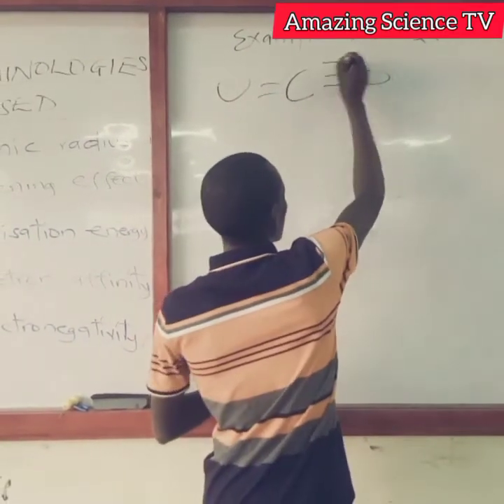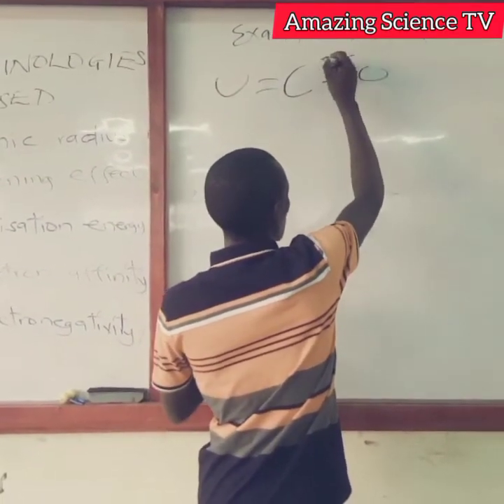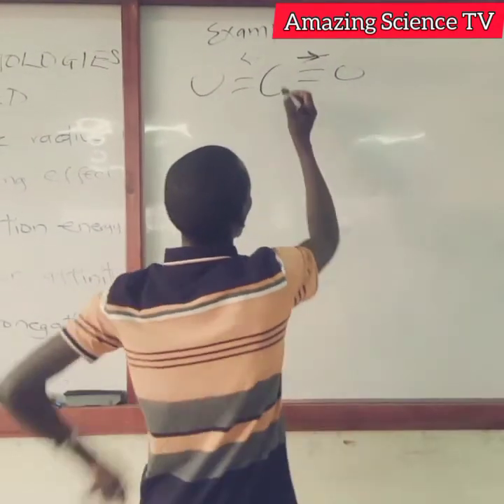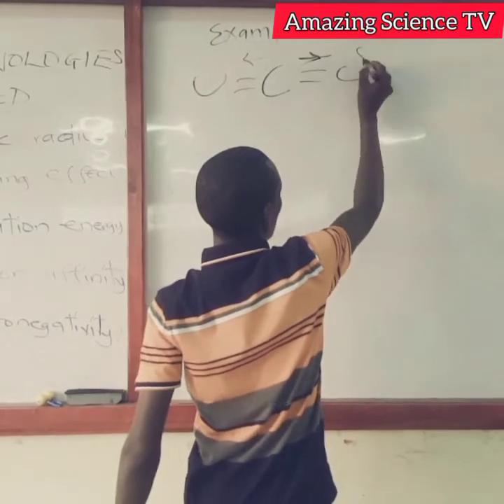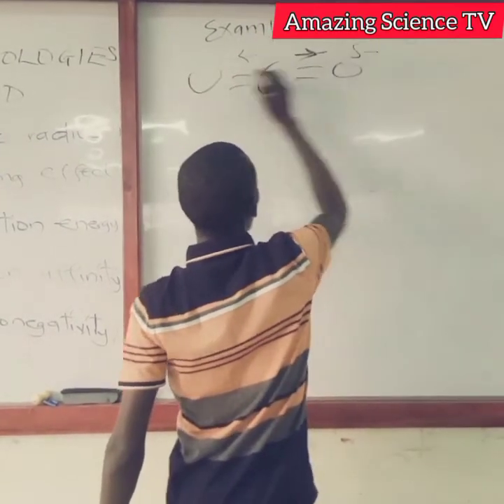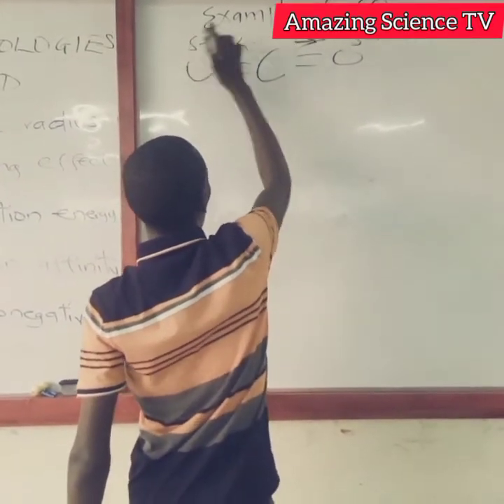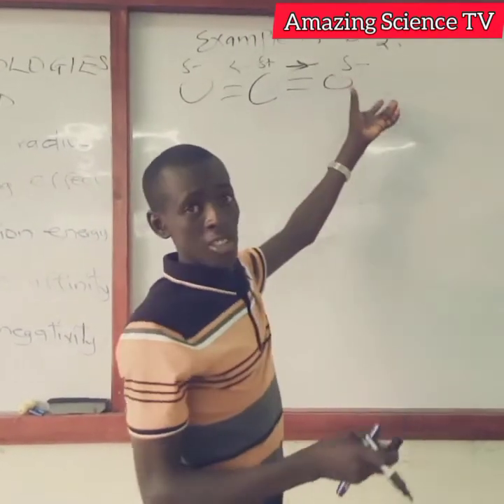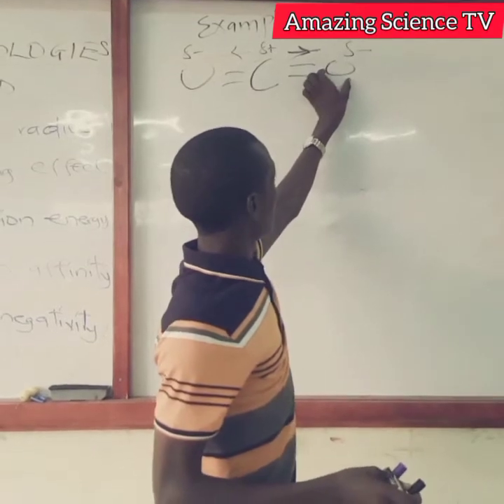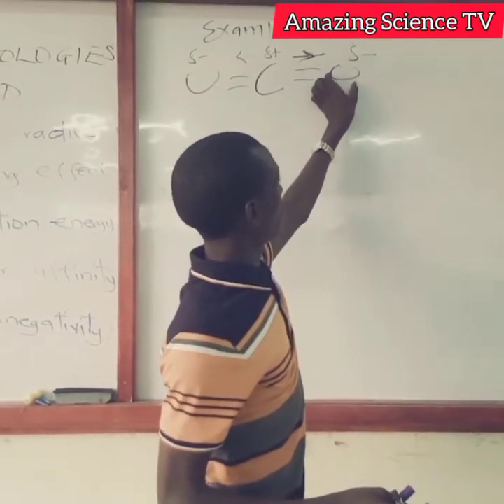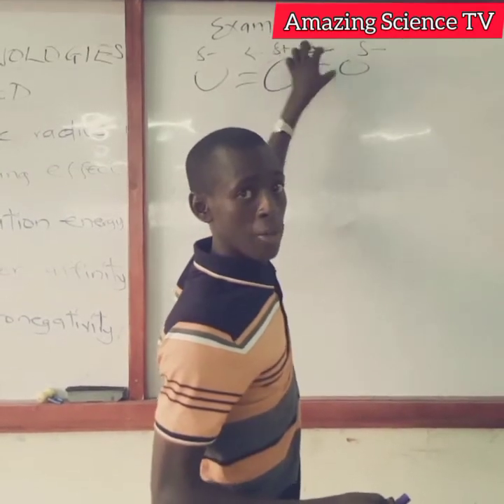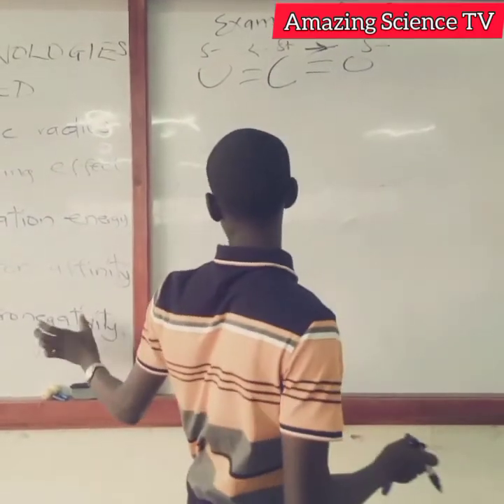So this tendency of pulling electrons more towards itself creates here a partial negative charge, and here a partial positive charge. This is what we call electronegativity. So this tendency of this atom to attract the electrons that are used in bonding here more towards itself is what we call electronegativity.